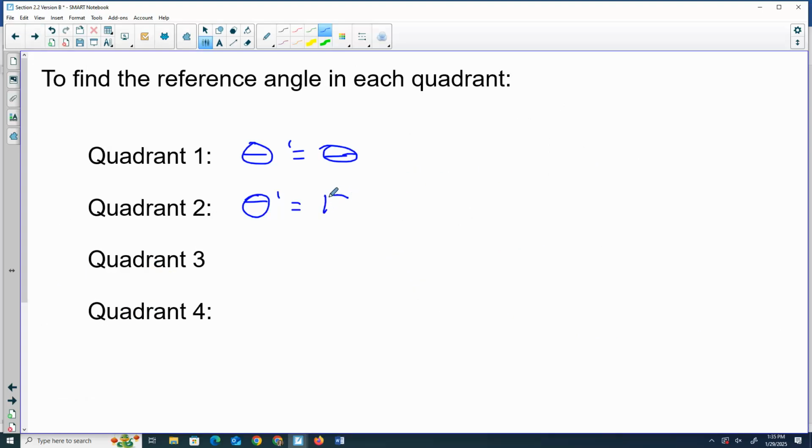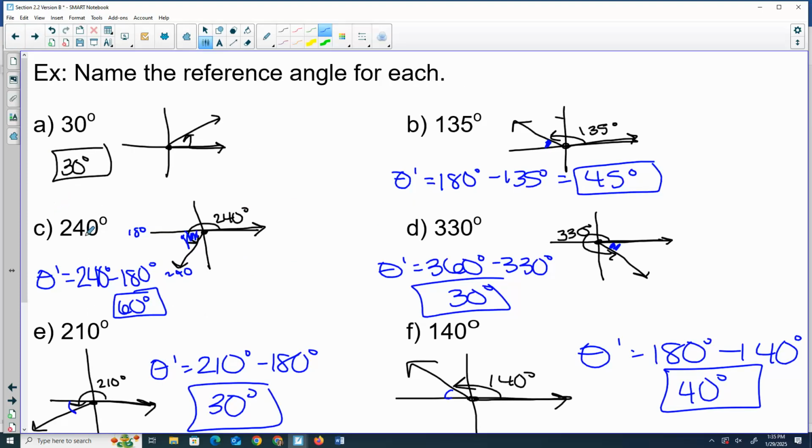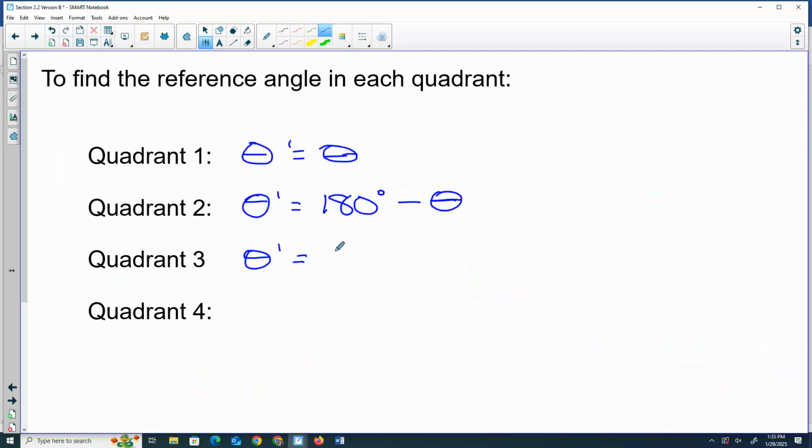So quadrant 2 is 180 minus your angle. When we had an angle in quadrant 3, so if we look back, that was the 240 or the 210, we did our angle minus 180. And in quadrant 4, we subtracted from 360. So we have to get a positive angle.